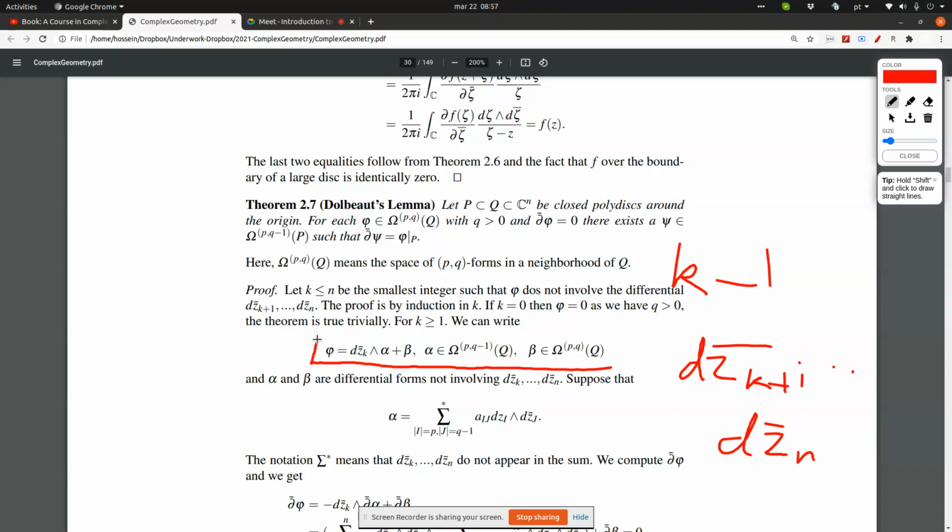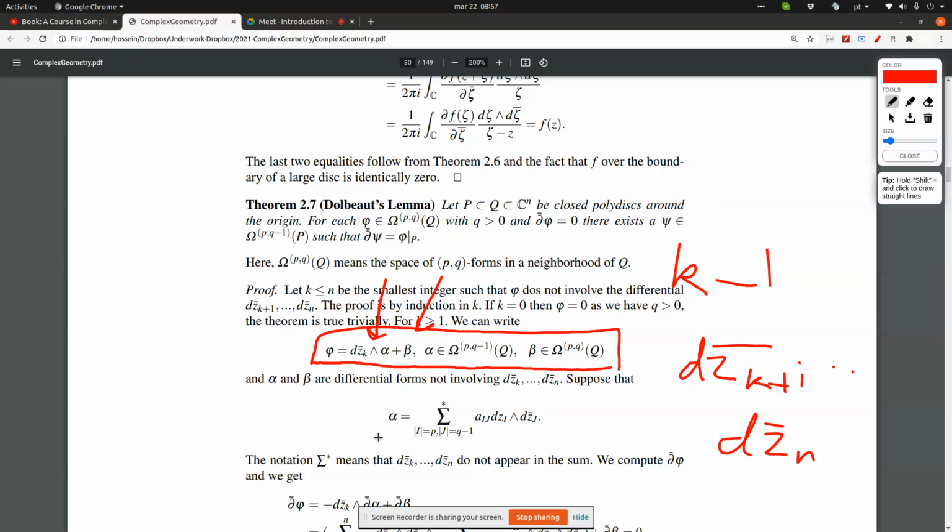Then we write our phi separating the part containing dz_k bar, so phi equals alpha wedge dz_k bar plus beta, and this beta does not contain dz_k bar. We make this separation, alpha and beta, as proper differential forms.